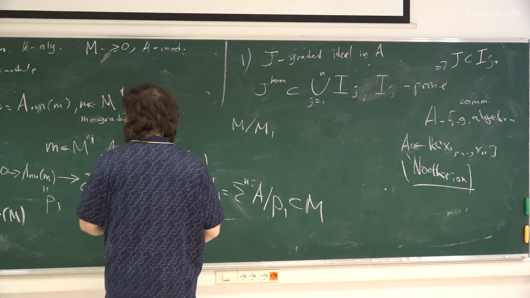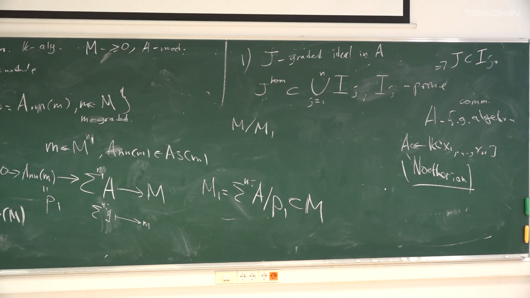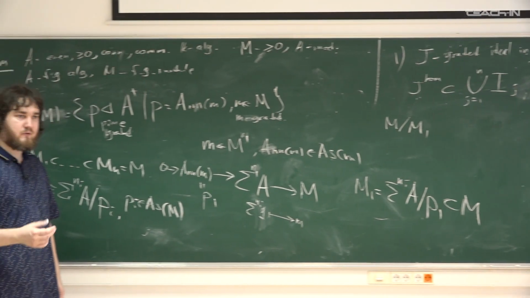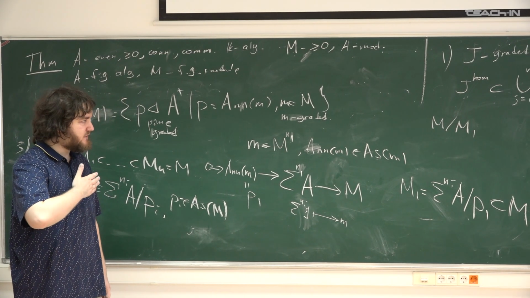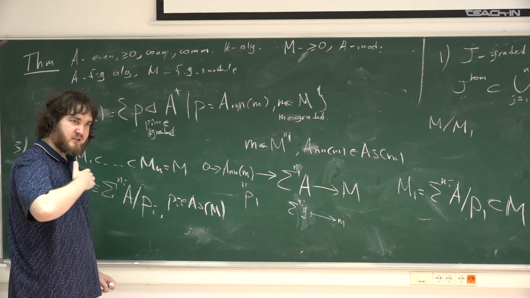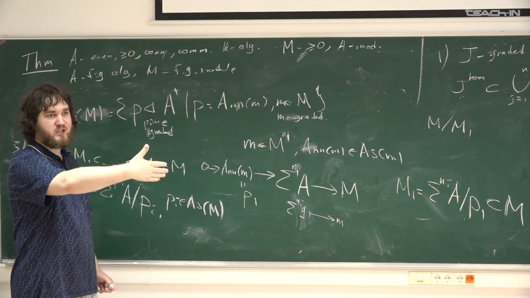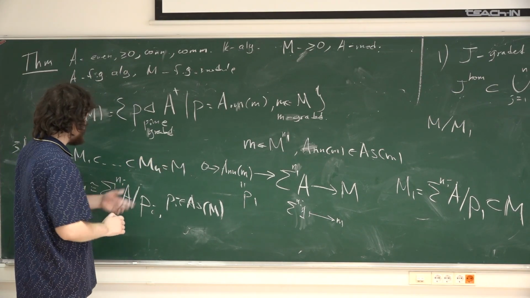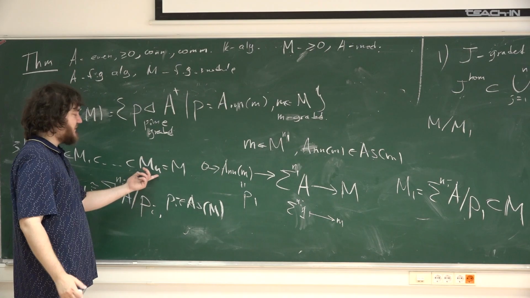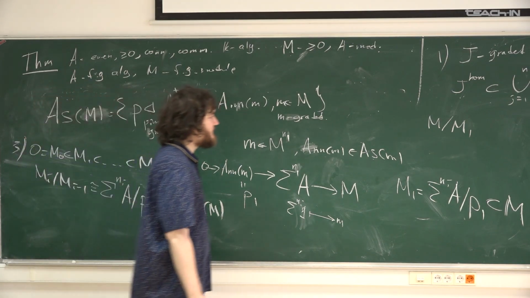And so I obtain a chain of modules with these quotients, and it's finite because it's a finitely generated module over a Noetherian ring. I cannot have an infinite increasing chain of modules, so it must finish at M.